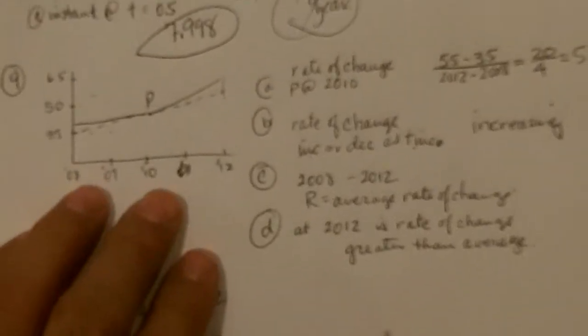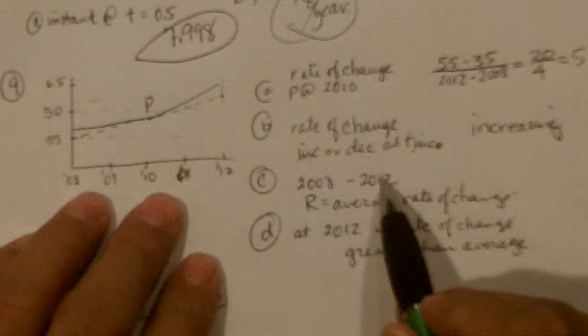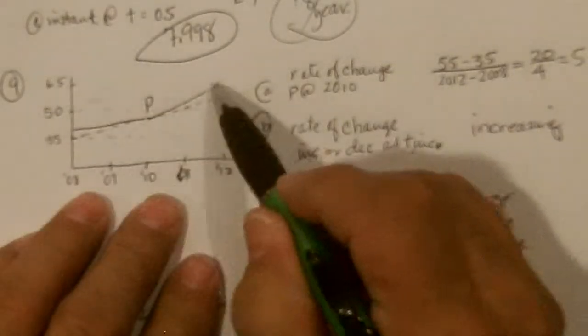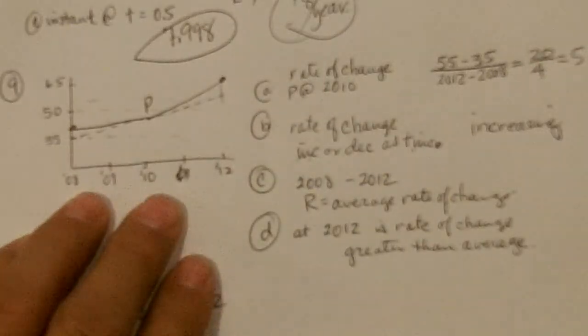And what is the average rate of change from 2008 to 2012? So I'd do the slope between the two ends.